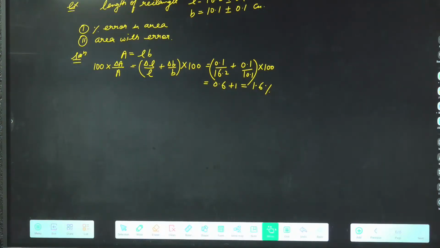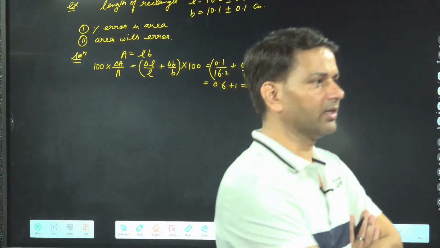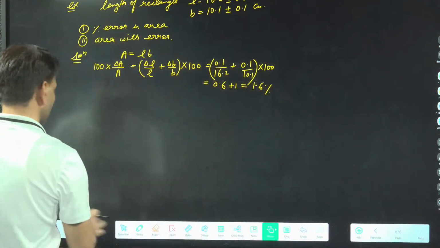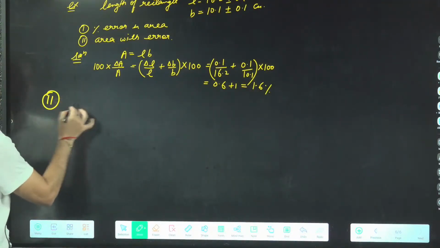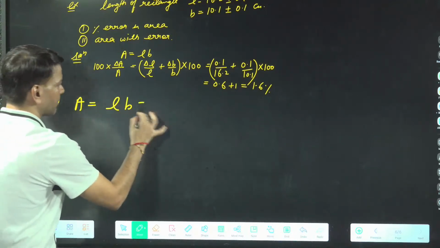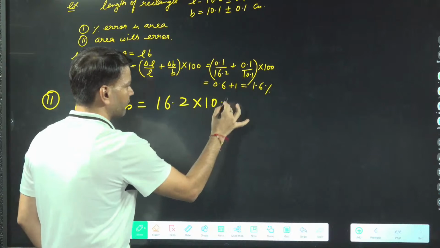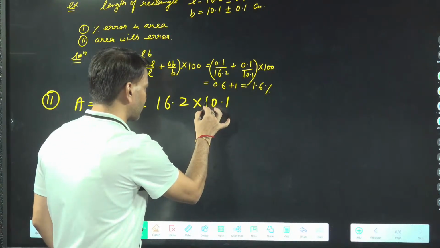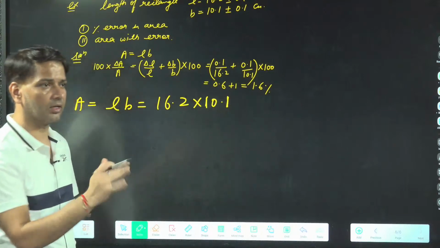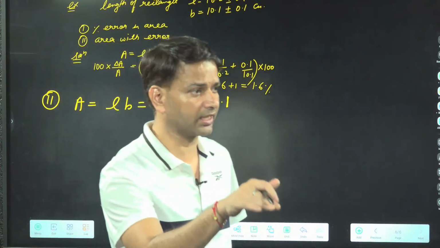Okay, one answer came 164. When we are taking the product, area, everybody is taking L times B. So when we put the values 16.2 into 10.1, first we have to calculate the exact value, then we can use the round off and then we can say up to the correct significant figure.